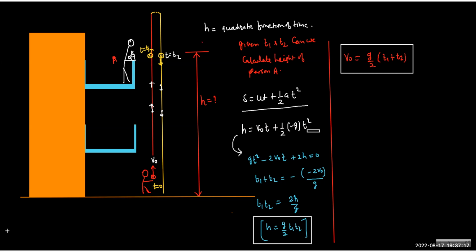Tell me guys. So when we will reach the maximum height, tell me. Every height will happen for 2 instants of time, but maximum height will occur only at one instant.